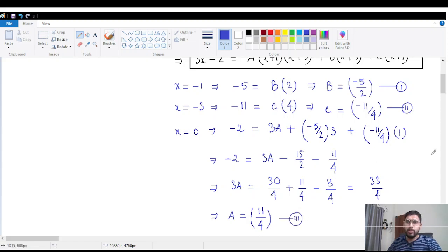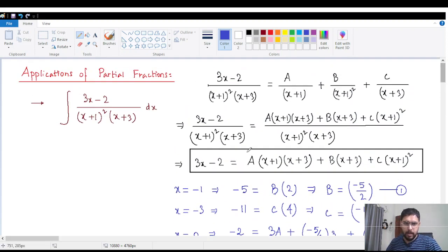So the values we have already figured out. Now we are going to simply solve the problem. So we will write it in this format. So a, since it's a constant, will stay outside.